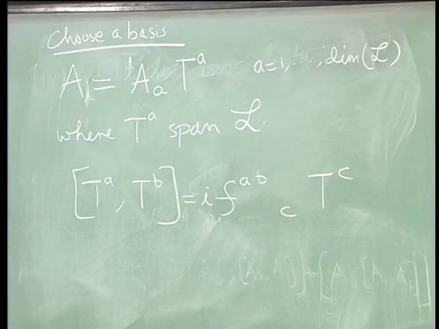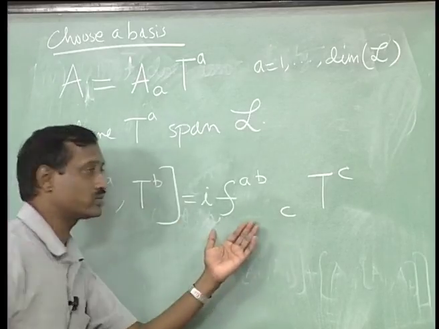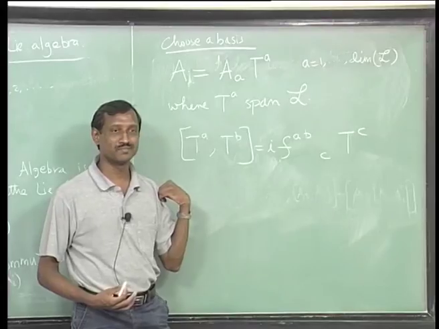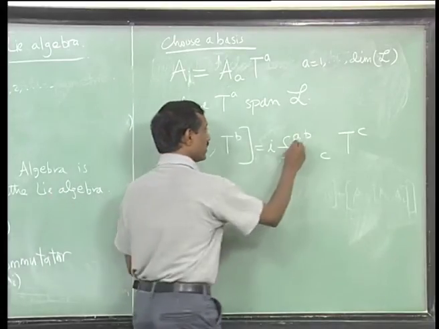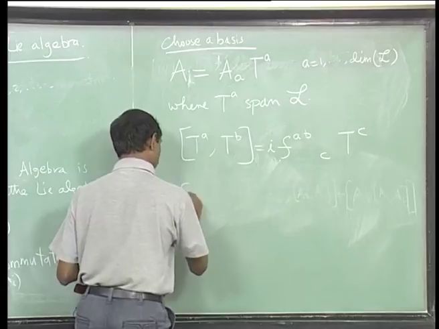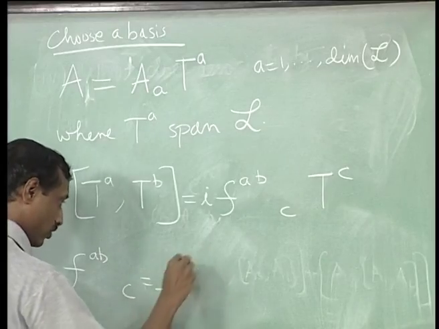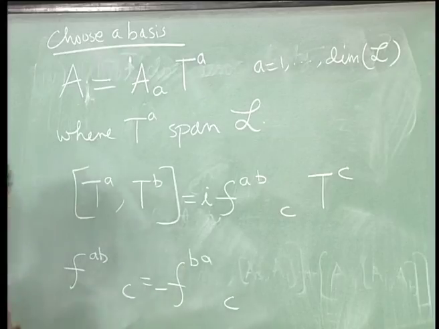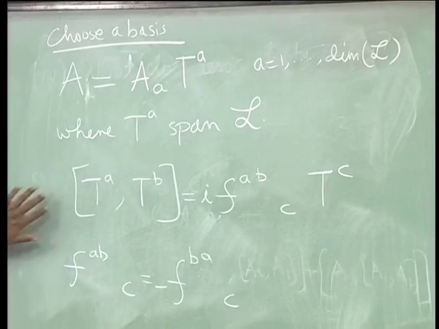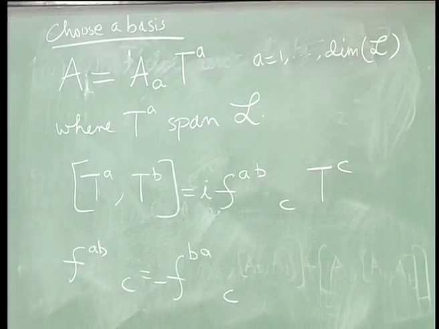Of course it is basis dependent, but the key point is that this knows everything about the Lie bracket structure. What do we know? We know that F^{ABC} has to be equal to minus F^{BAC}, because that is the antisymmetric property of the Lie bracket.